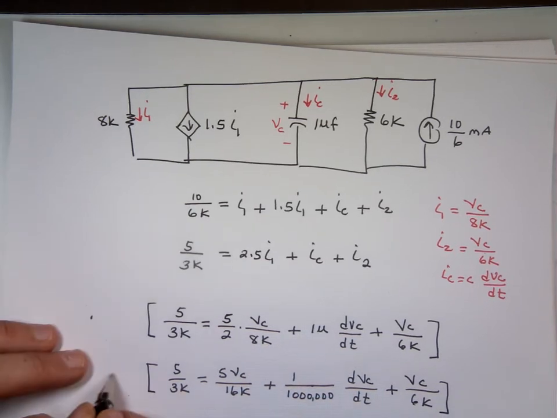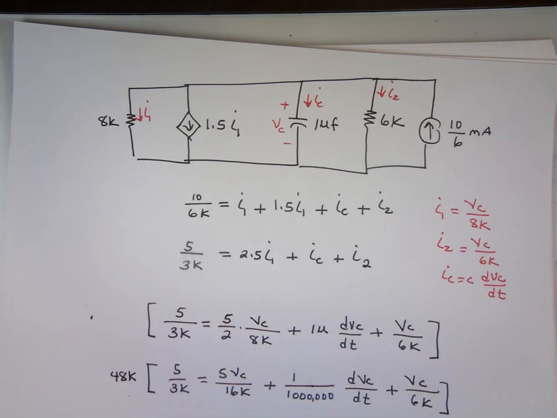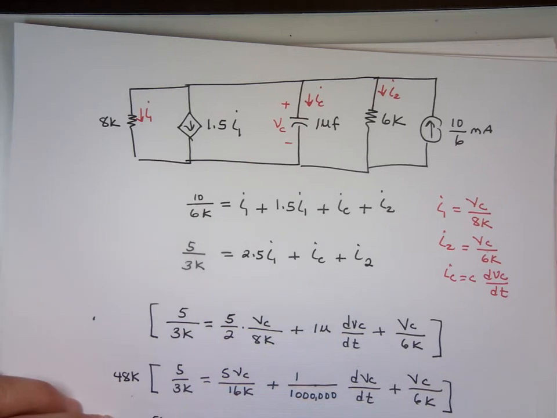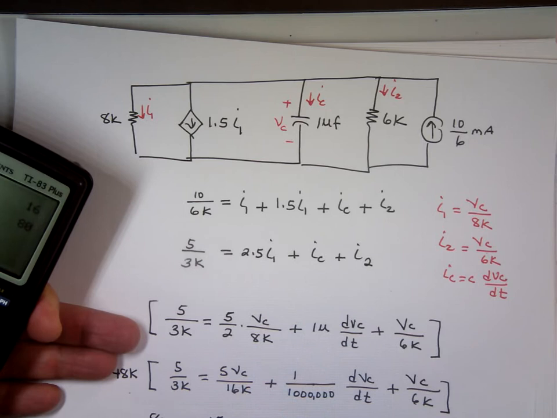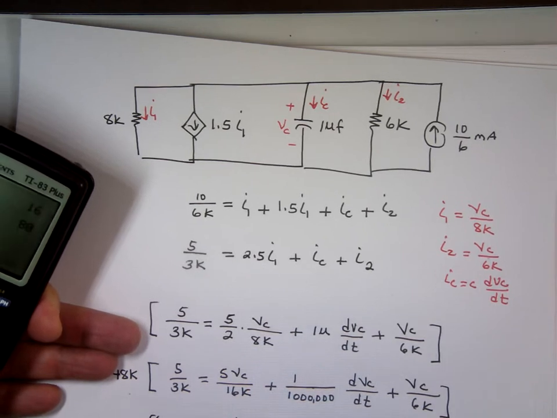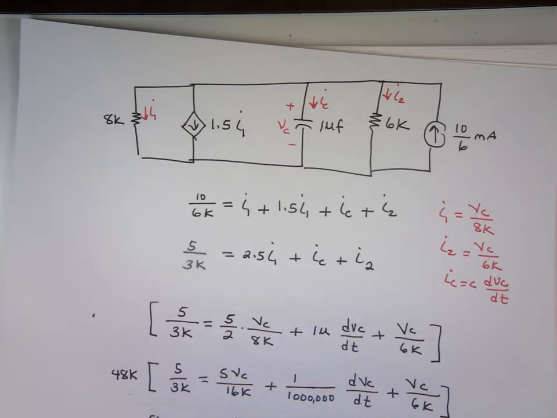Let me multiply it by 48K. What's 48 divided by 3? 48 divided by 3 is 16. 16 times 5, this will be an 80. 48 divided by 16, 3, is it? 3 times 5 is 15 VC. 48,000 K times 1 micro.